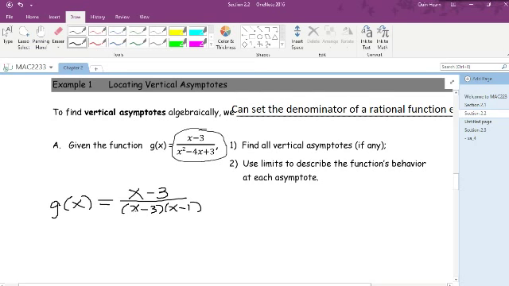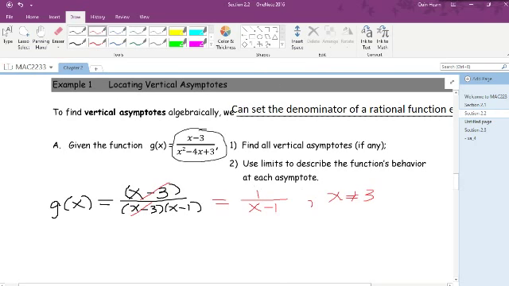So potentially we could have vertical asymptotes anywhere that the denominator is 0, but when you have a factor that's the same in the top and the bottom, that would reduce. What that tells you is that g of x is actually equal to 1 over x minus 1, except when x is 3, because when x is 3, this function would be undefined.